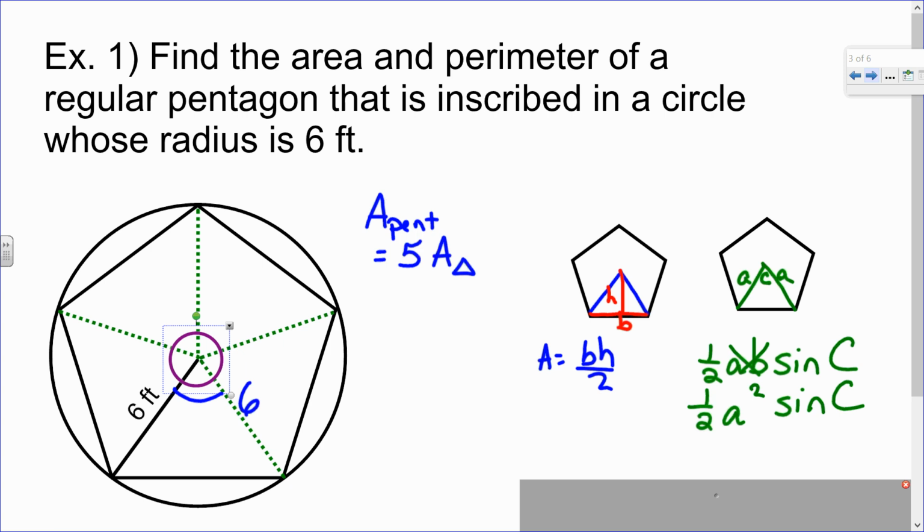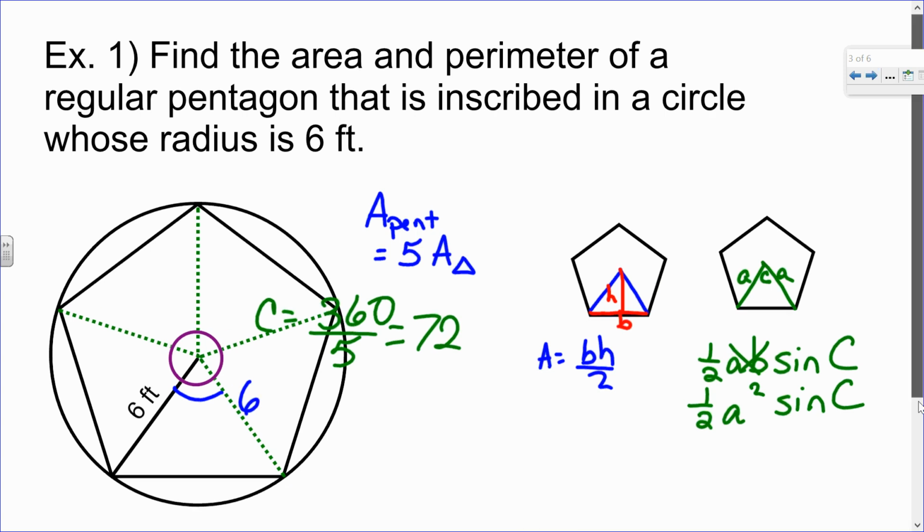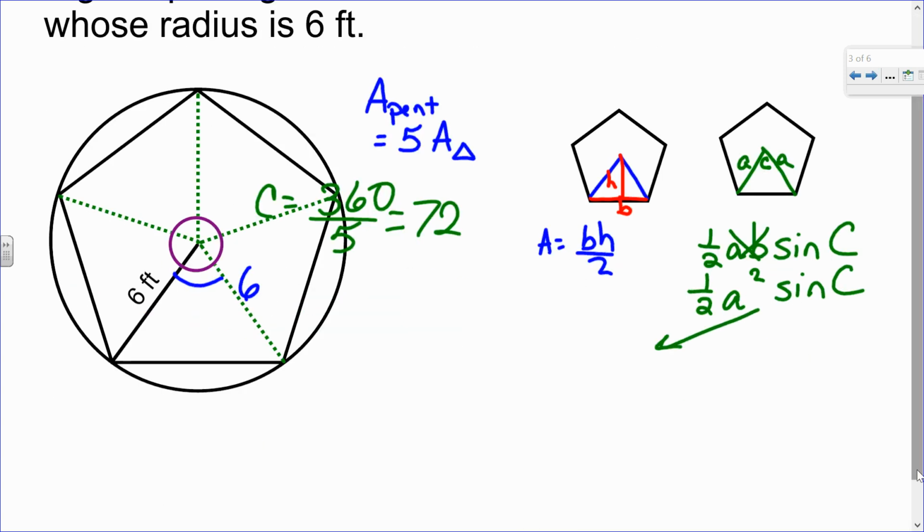They're all congruent. All 5 of those put together make 360. So any one of those has to be 360 divided by 5, which is 72.